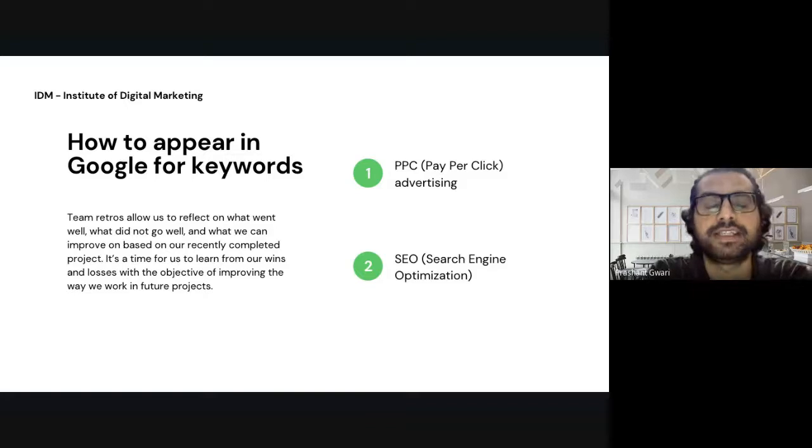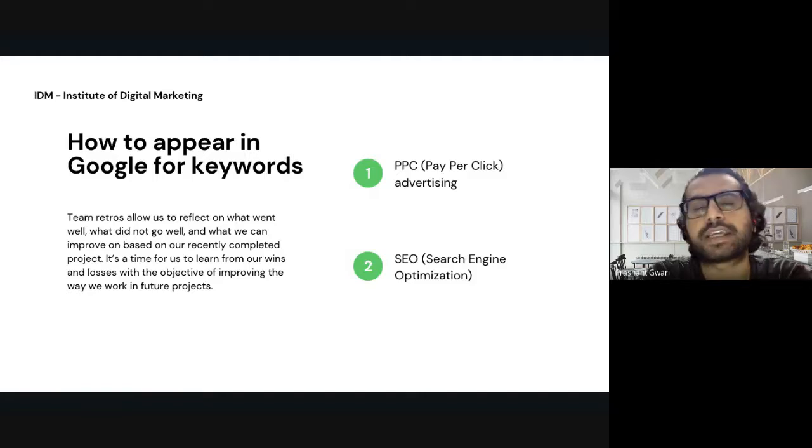The second one, which everyone is doing, is SEO, search engine optimization. That means there is no bidding. You will use that keyword in different parts of your site content, whether it's page content, title tag, meta description, page URL, image alt text, or headlines.